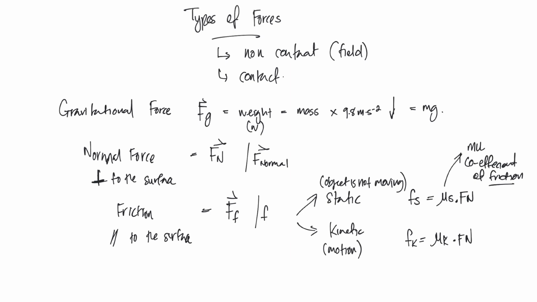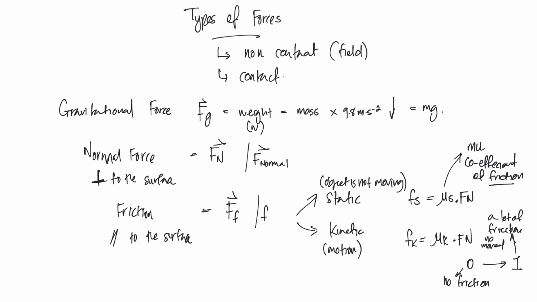Now, when we work with the coefficient of friction, the coefficients start at 0, where you have no friction, and the value goes up to the number 1, where you have a lot of friction and no movement.